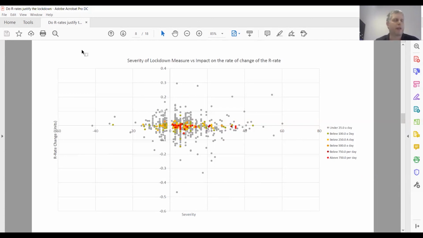That's probably about 300 of those. Most of them, though, are just because most measures are unwinding measures, because we jumped into lockdown in a big jump, and then we've come out slowly in many stages. So there are many more unwinding measures than winding measures. The unwinding measures are only just coming in. As you can see, there's very few on the left here compared to the right. They're the unwinding versus the winding measures.